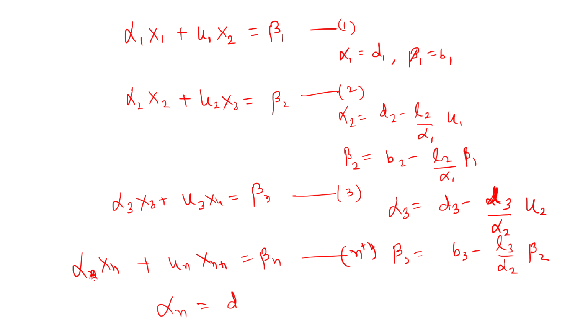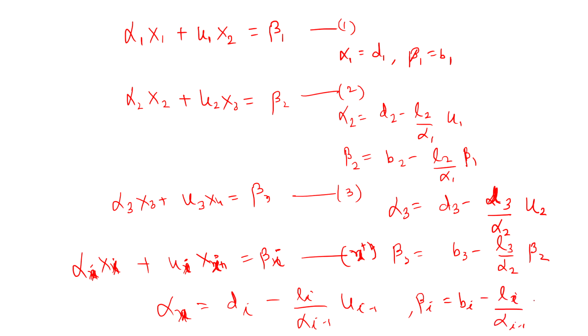So this is alpha i xi plus ui xi plus 1 is equal to bi, and this is my ith equation. So alpha i will become di minus li upon alpha i minus 1 times ui minus 1, and beta i will be nothing but bi minus li upon alpha i minus 1 times beta i minus 1.